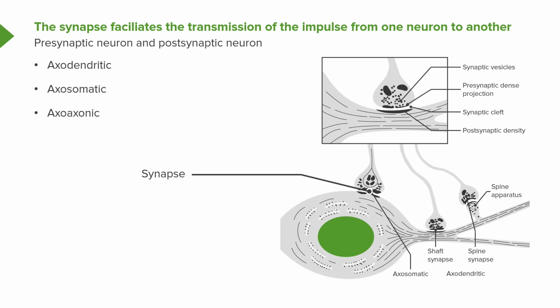And they're called different names depending on whereabouts the axon comes in contact with the next neuron. In the case of the one labelled, the axon is in contact with the soma or the cell body, so it's called an axosomatic synapse, whereas others might have a contact on the dendritic branches of the cell or on the axonal branch of the neuron. In that case, it's called axodendritic or axoaxonic.